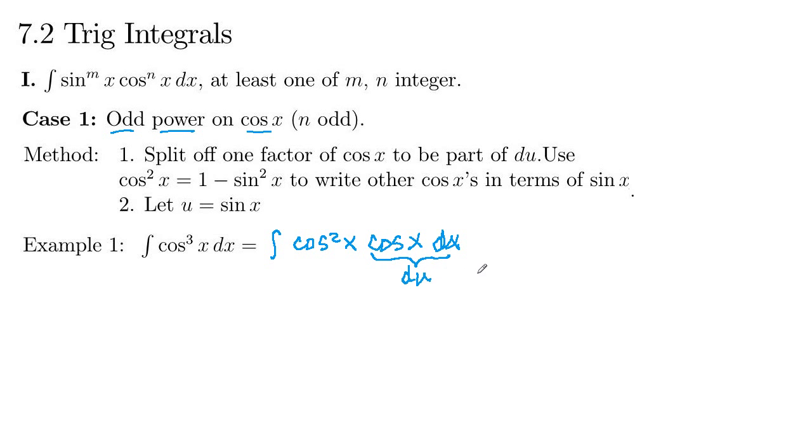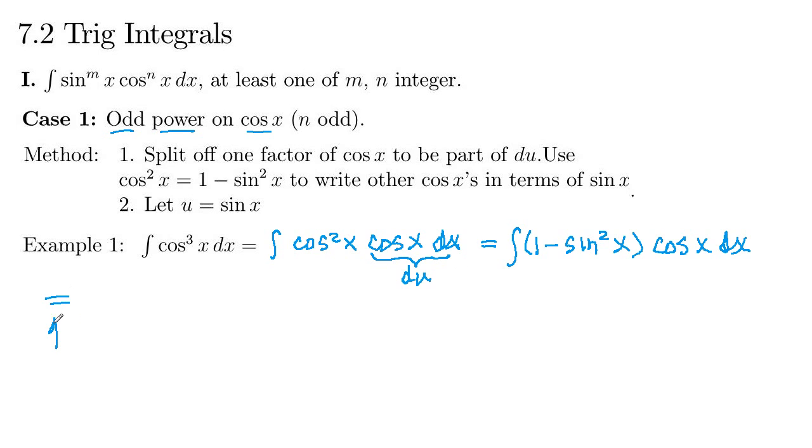And my u is going to be sine x, so I have to write that cosine squared in terms of sine squared. So I can write cosine squared as 1 minus sine squared x, and then times my cosine x dx.